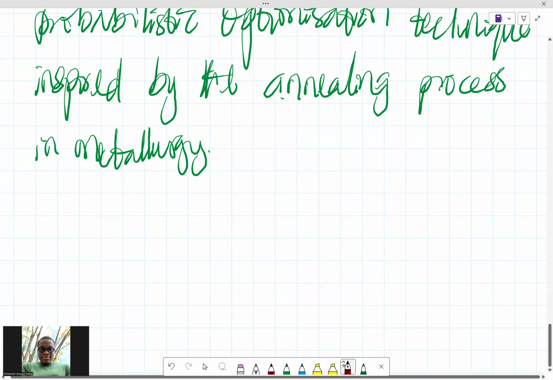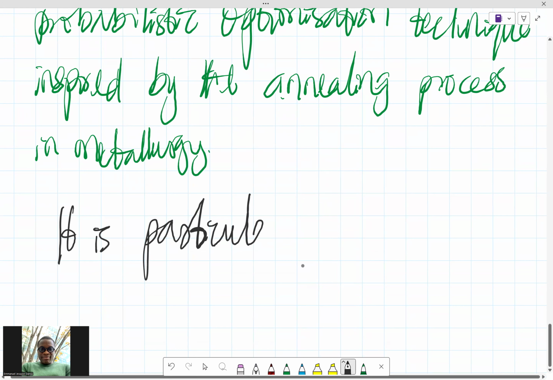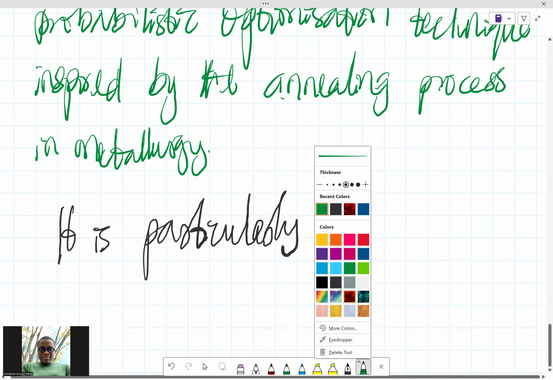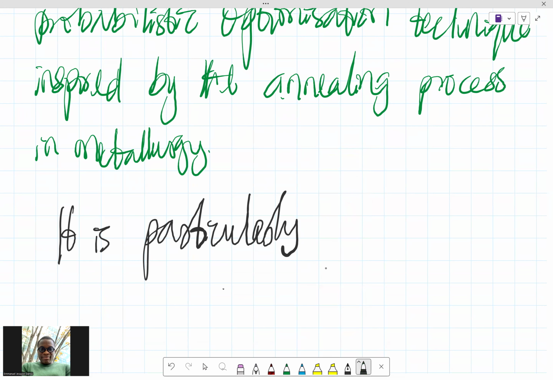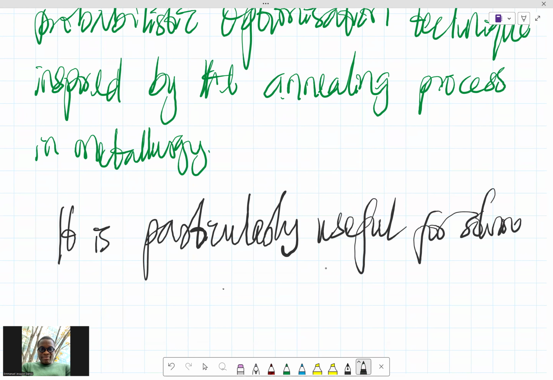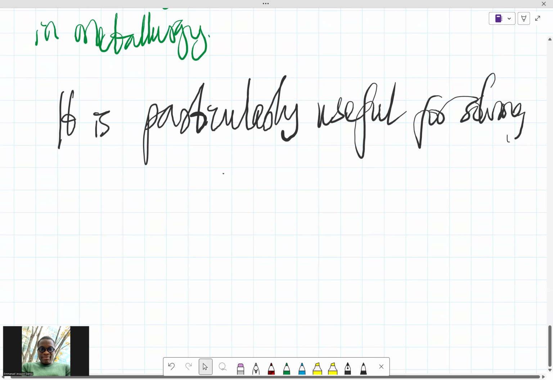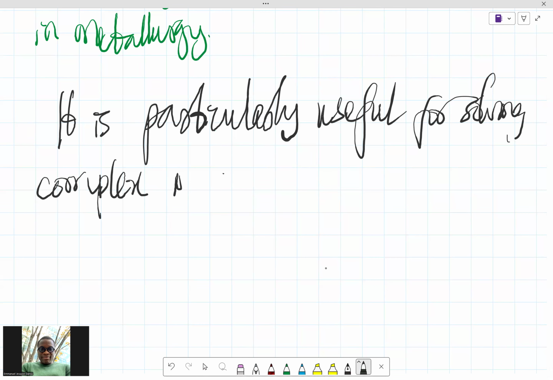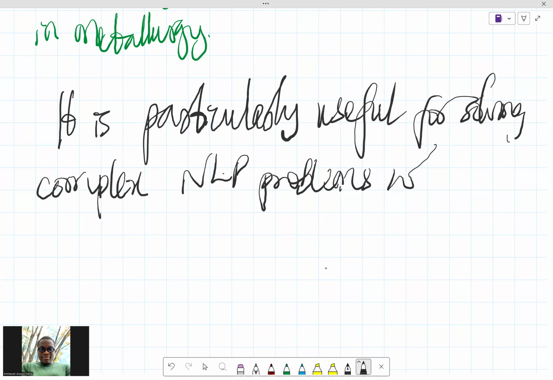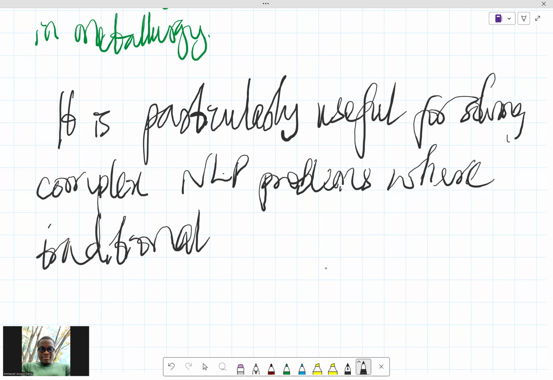It is particularly useful for solving complex nonlinear programming problems where traditional gradient-based methods struggle.